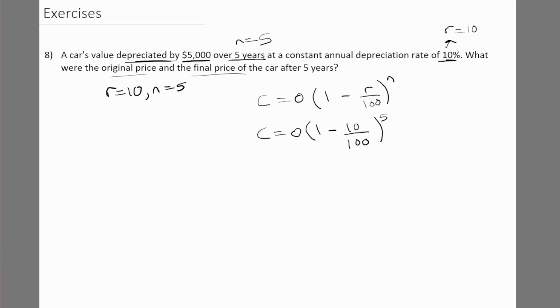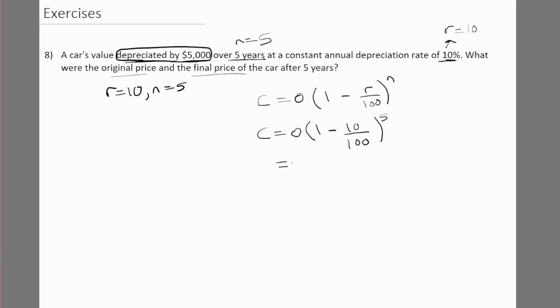All right. Now, here's the thing. Again, we can't solve this because we have two unknowns in the same equation. But since I know how much the value depreciated by, I can express one of them in terms of the other.